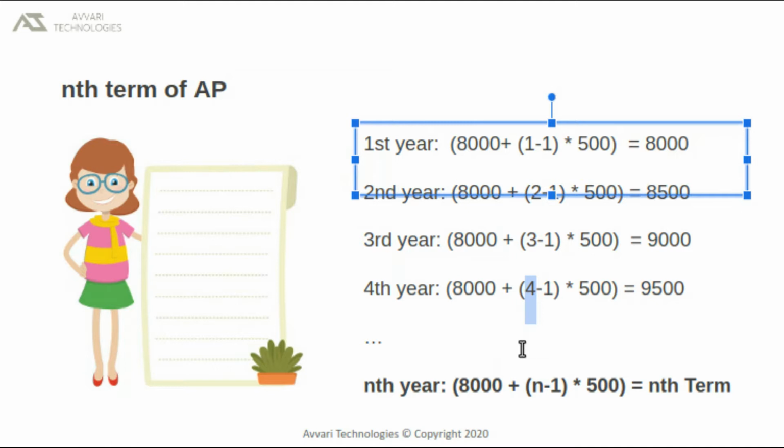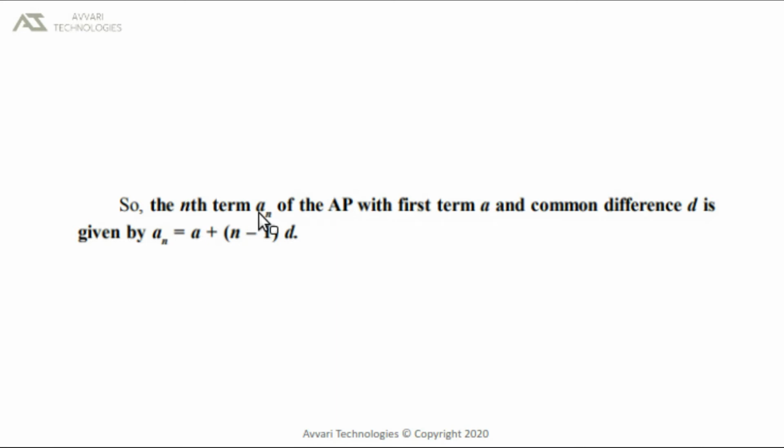We can come to a general expression for this example, that is the first term plus n minus 1, where n is the nth year, minus 1 into 500, that is the common difference. So the nth term an of the AP, an is equal to first term.